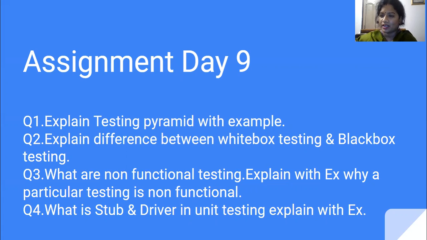And when we can't see the code and we are testing the system without looking inside the system, that is called black box testing, as it implies from the name. That is the major difference between white box testing and black box testing.